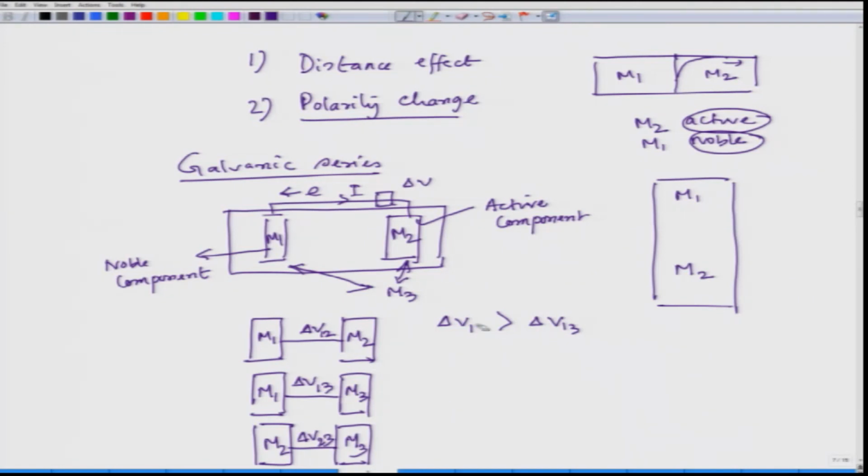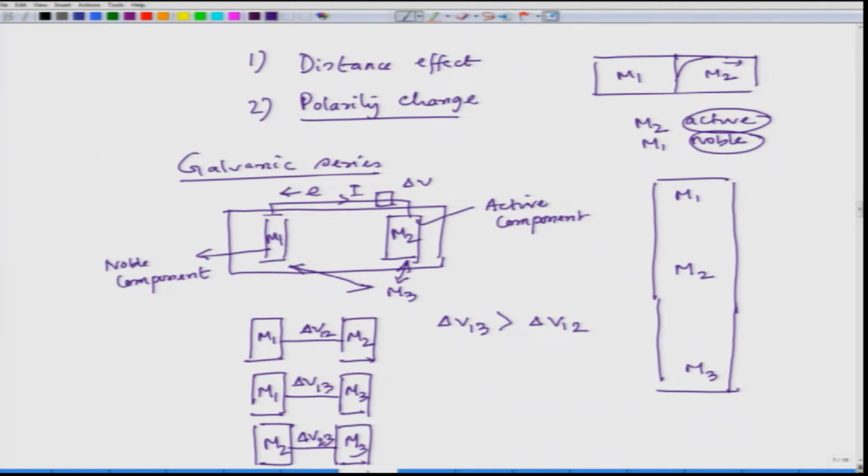sorry, let us say del V 1, 3 is greater than del V 1, 2, then this M2 would be lying close to this M1. So, the series becomes like this: M1, M2, M3.